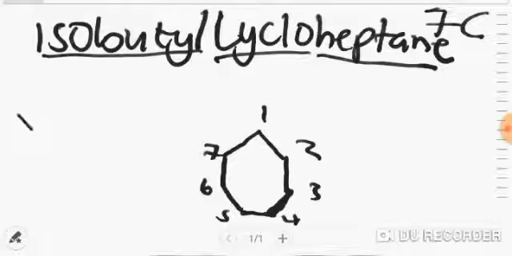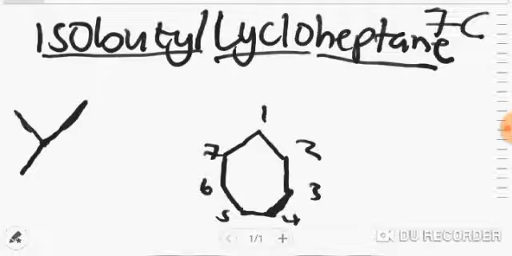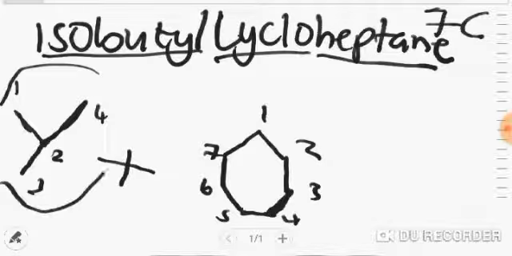So if you can look at my second video on how to name alkyl substituents, then you will know which one it is. So here we have 1, 2, 3, 4 carbon atoms, and then we'll bring together these two. Because this one has no other substituent, it doesn't really matter where you put the alkyl substituent.